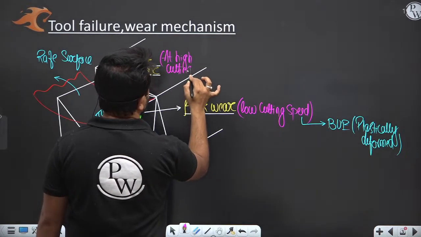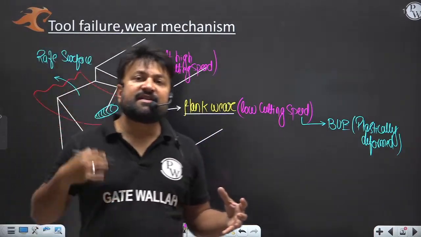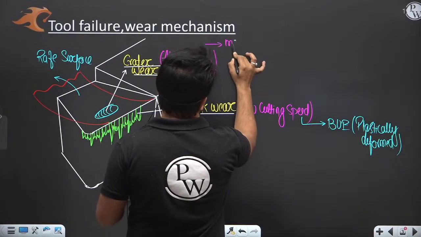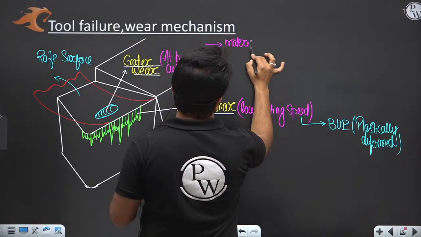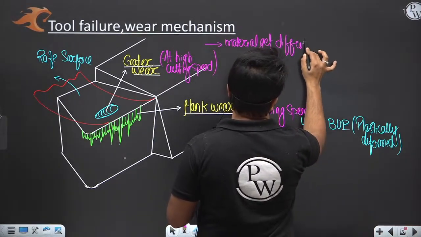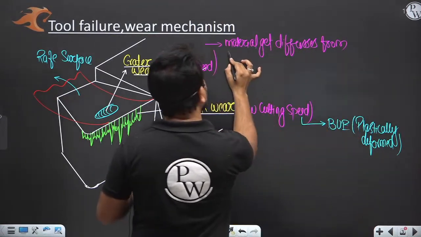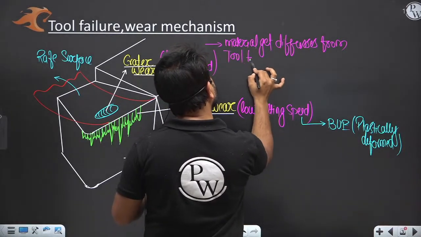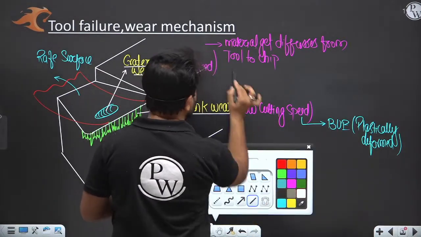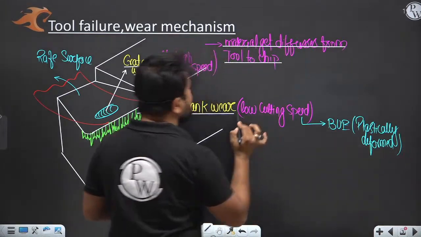At high cutting speed, the temperature increases and the material gets diffused from the tool to the chip, and a crater is produced. So this is the reason.